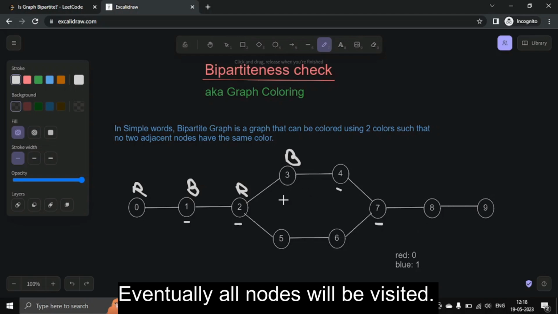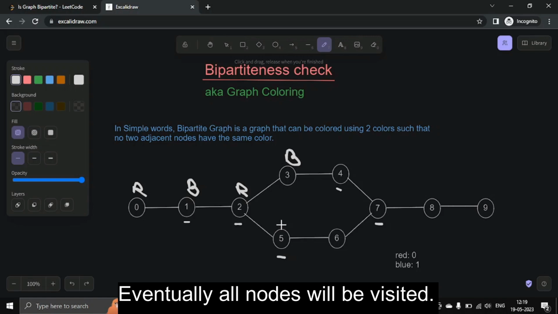And if we use the BFS algorithm, breadth first search, then after coloring node 3 we will color node 5, right? Because in BFS we move level wise. So let's say currently we are talking about breadth first search, so after coloring node 3 we will color node 5 also.